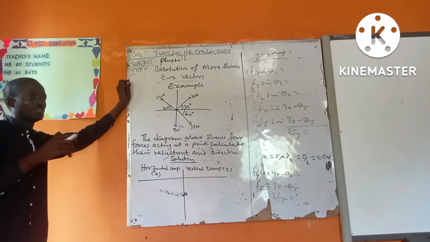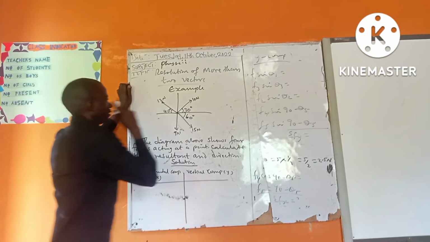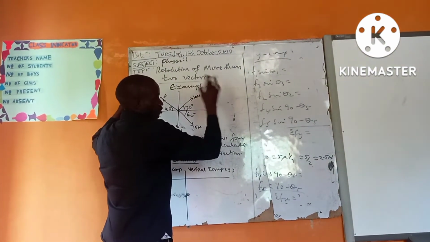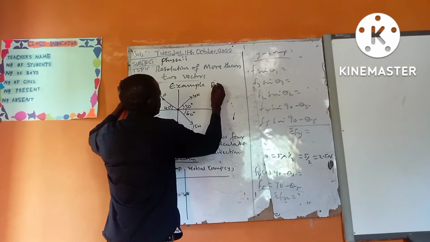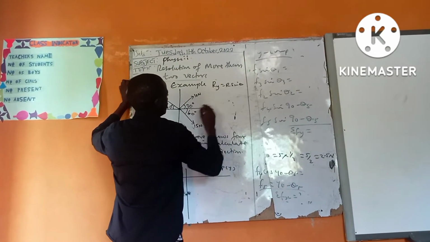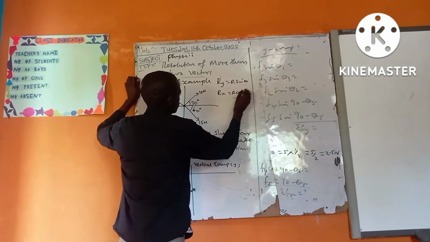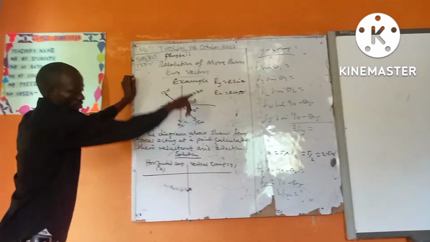Applying the knowledge of resolution of two vectors. Remember, vertical component in resolving two vectors is Ry equals R sine theta. Then horizontal is Rx equals R cos theta. You take note of this.